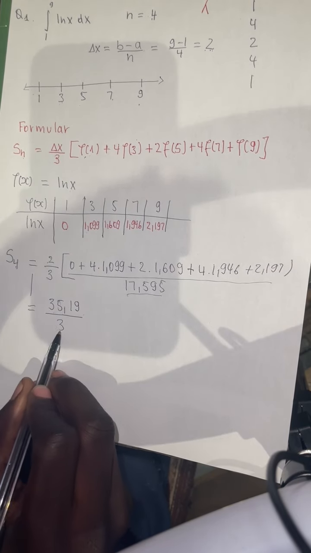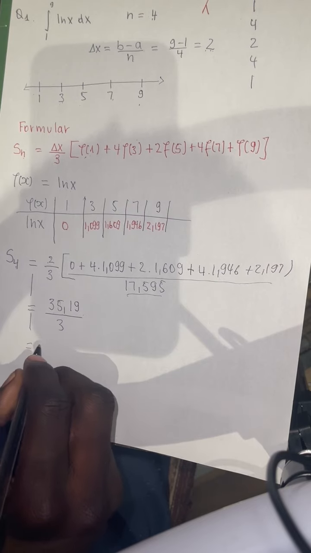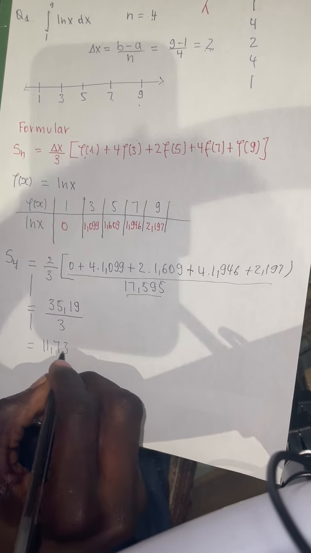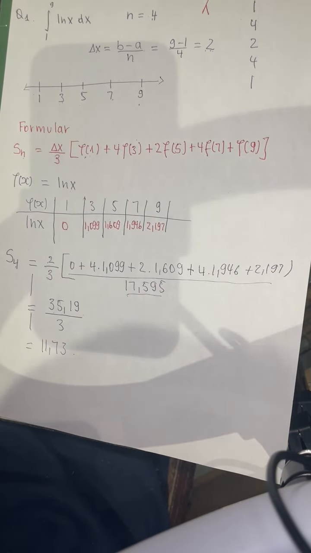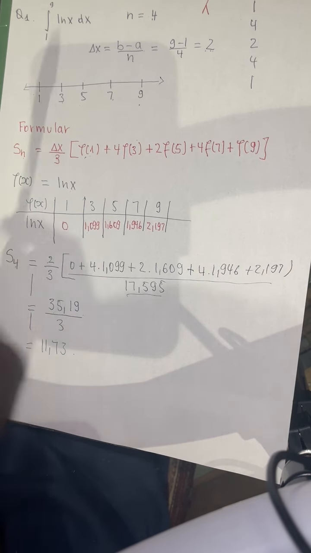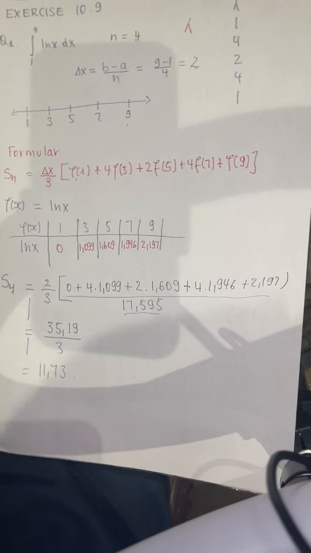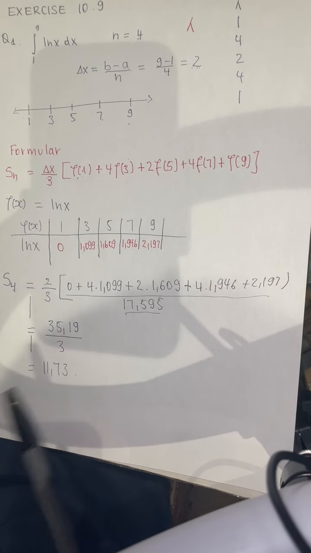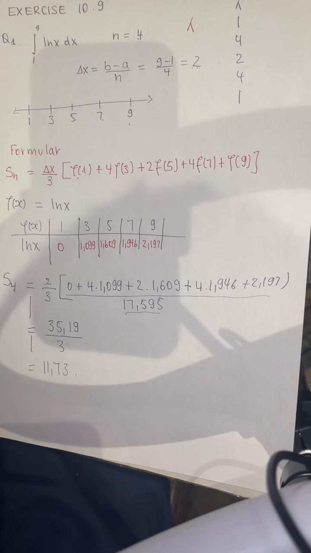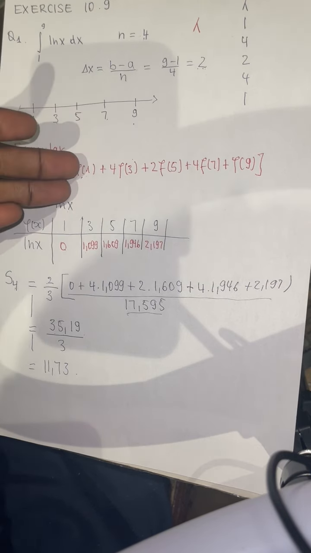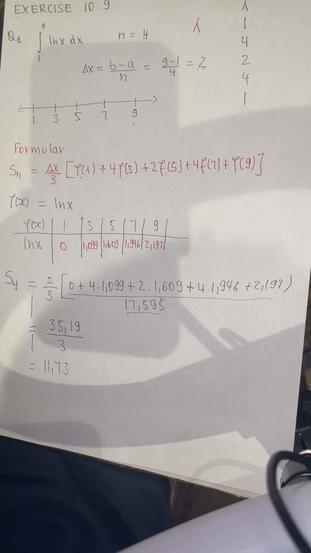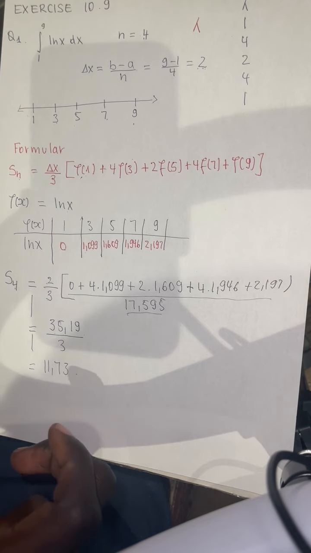And then 35.19 divided by 3, the answer is 11.73. If you want to check this answer, you can also use integration by parts, and I'm going to explain how to use it. But for now, this is how you can solve this integration using Simpson's rule. So we find 11.73, an approximate answer.